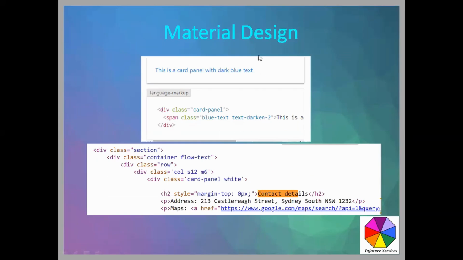So material design is again simple. Inside I have some properties. Span class equal to blue-text-darken-2, so this written text appears in blue in that card. You see this card is here and this written text is in blue.